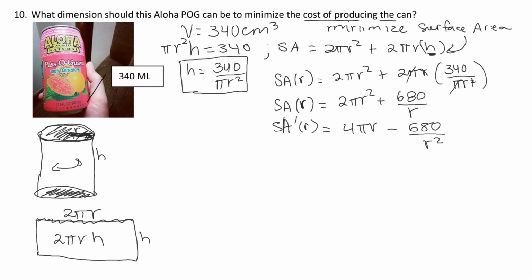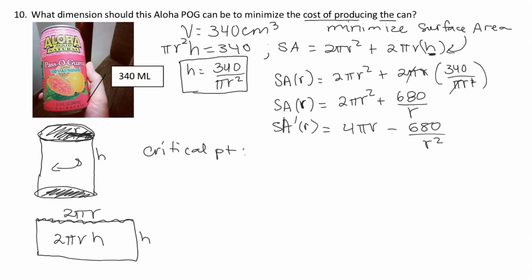If R is 0, then you don't have a can. So this function is defined in context for R greater than 0.